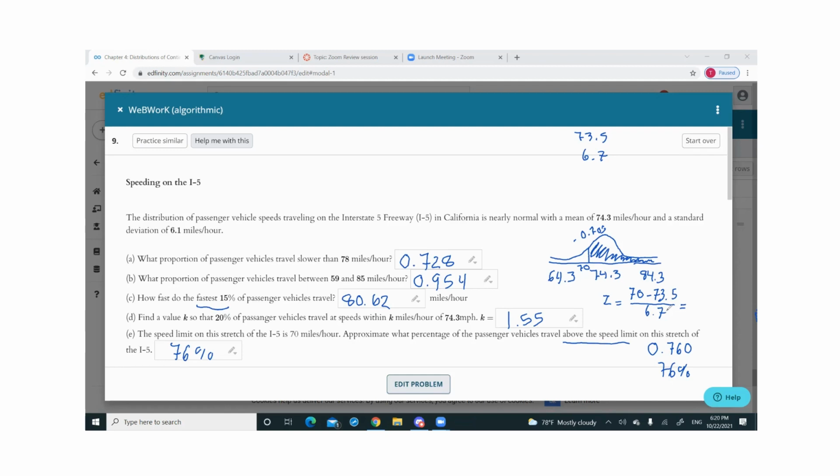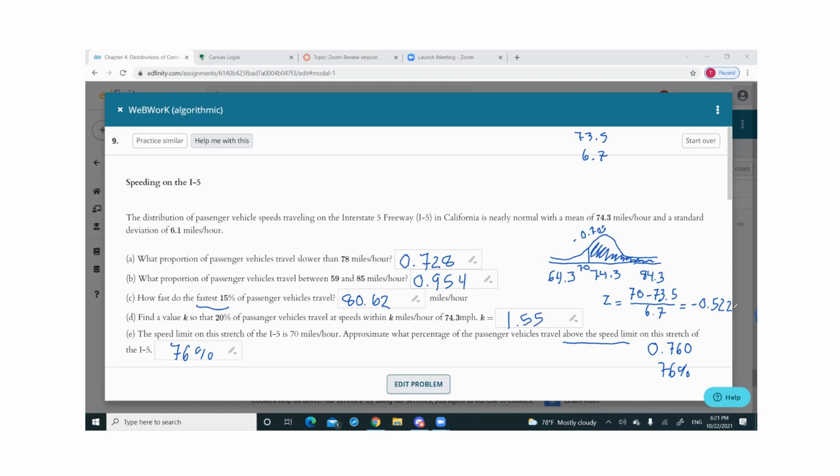So did you get minus 0.522? No, I get 59.03. For your z-score? Yeah, I did 70 minus 73.5, and then I divide that by 6.7. I get 59.0298, so I round it, so 59.03.